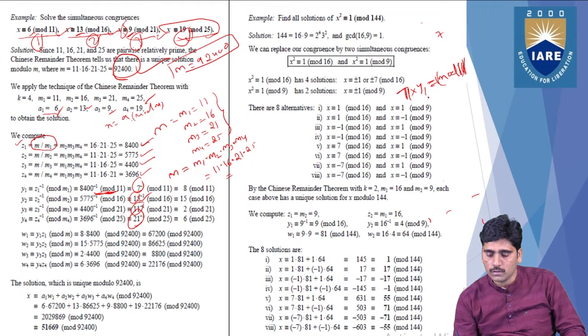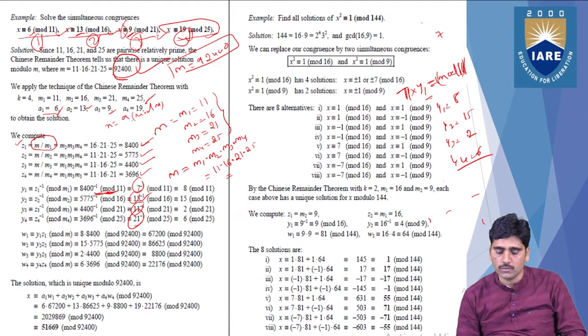How will you get the values? Y1 you will get 8, y2 you will get 15, y3 you will get 2, and y4 you will get 6, by doing the modulus operations. So you get all the values 8, 15, 2, 6.